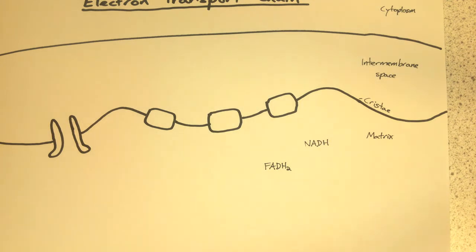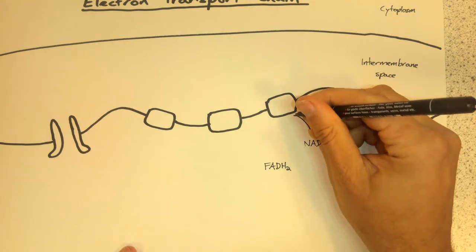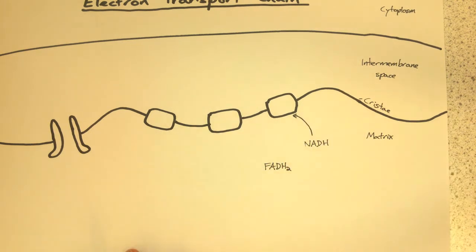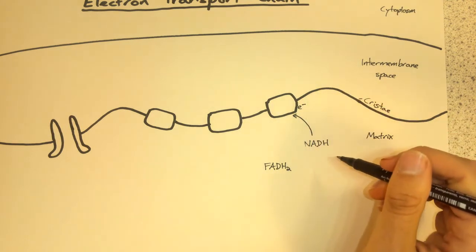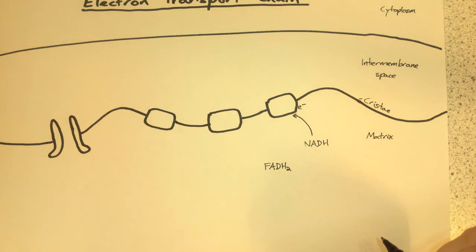This process starts when NADH drops off its electrons at the first protein in the electron transport chain. So the NADH is being oxidized and this first protein is being reduced.